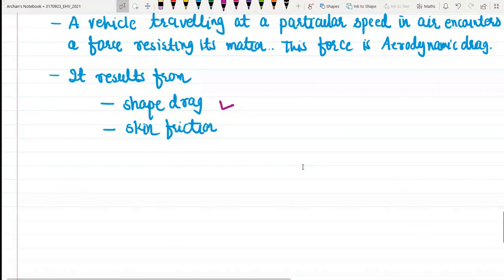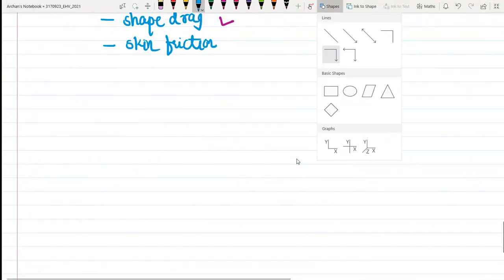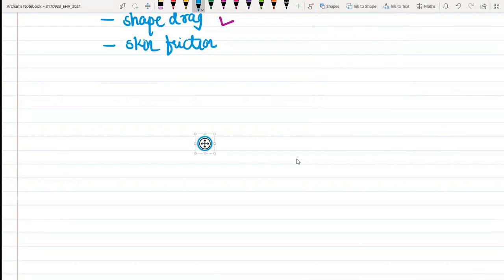Let us understand this with the help of some pictures. Say I have one car.